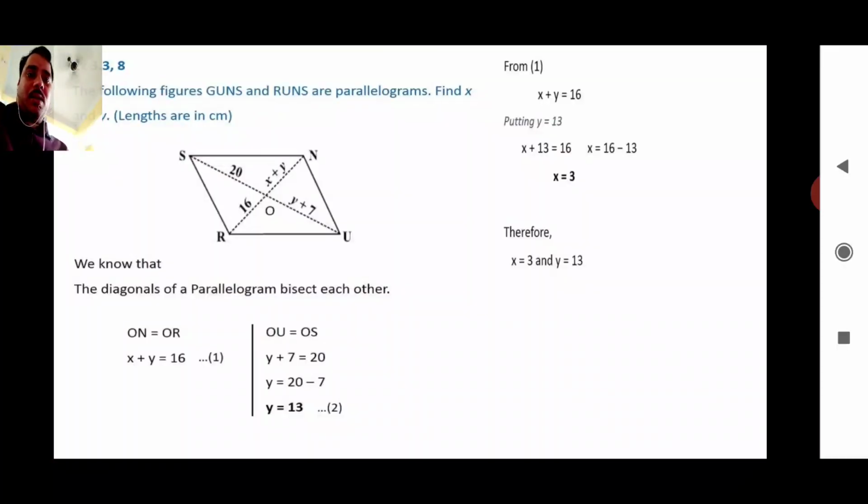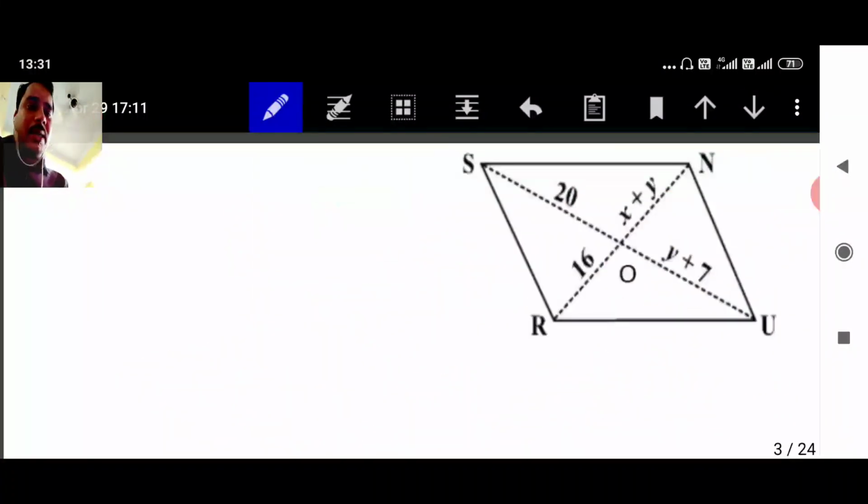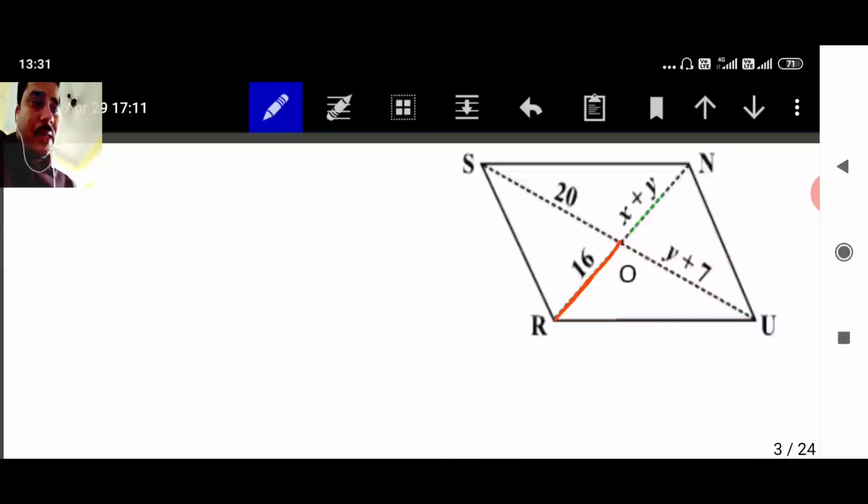Next one. The following figure, RUNS, is a parallelogram. Find x and y. Here RUNS is a parallelogram, and the given values are in terms of x and y on the diagonal, and you know that diagonals of a parallelogram bisect each other. So, diagonals of a parallelogram bisect each other means this OR value is equal to x plus y.